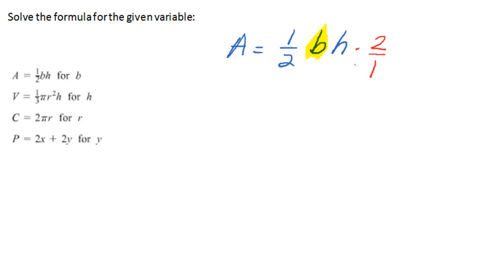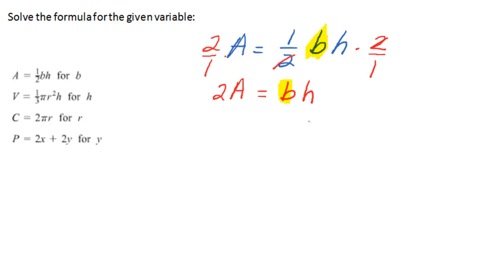The way to get rid of this 1/2, since the 1/2 is multiplied times the base, is to multiply both sides of the equation by the reciprocal of 1/2, which is 2/1. So notice how we multiply both sides by 2, and the 1/2 and the 2 cancel on the right side, leaving just base times height.